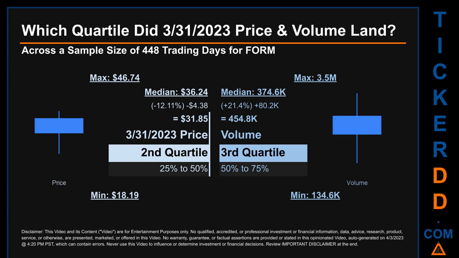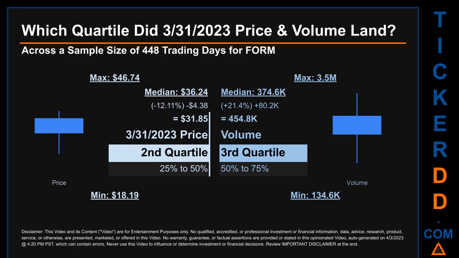Which quartile did March 31, 2023 price and volume land? Across a sample size of 448 trading days, the maximum end-of-day price for FORM was $46.74 while the minimum was $18.19.